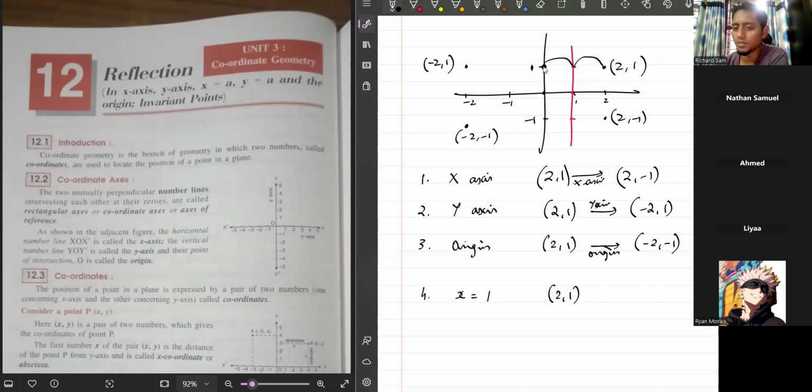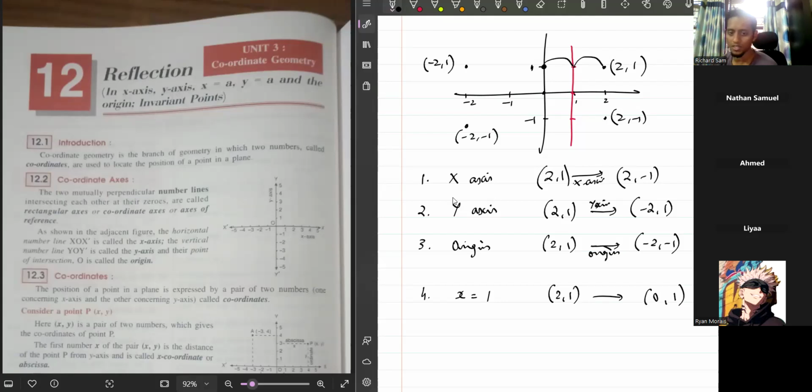What is the coordinate of this point? 0 comma 1. On the x-axis it is 0, on the y-axis 1. So it's not as simple as just changing the sign. You have to actually draw the graph and see how far in front it is, that much behind it will be.